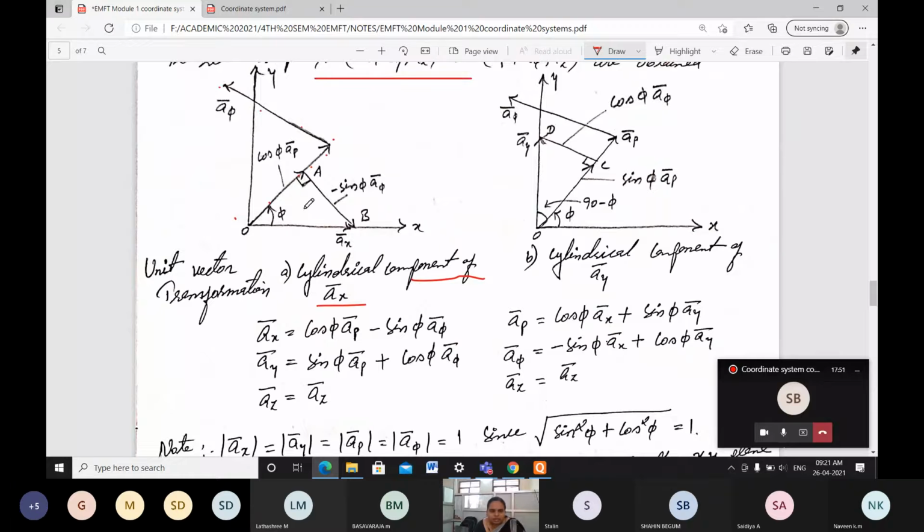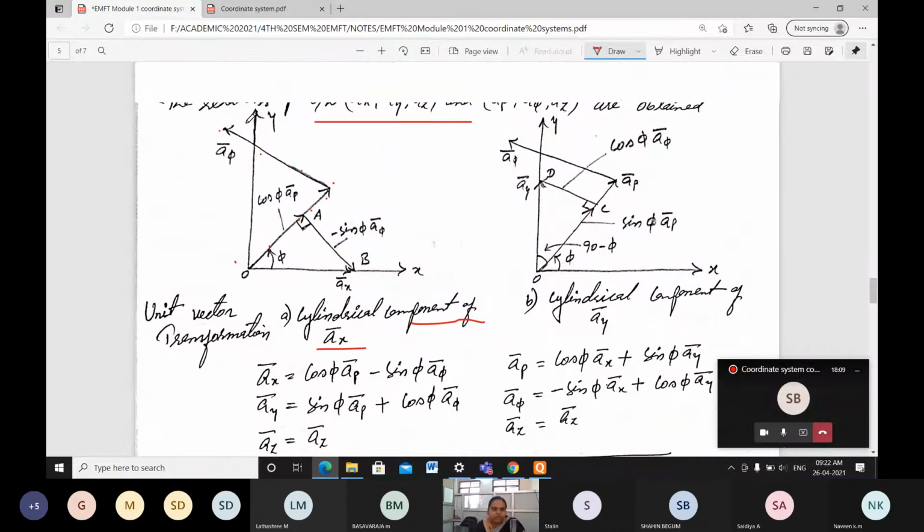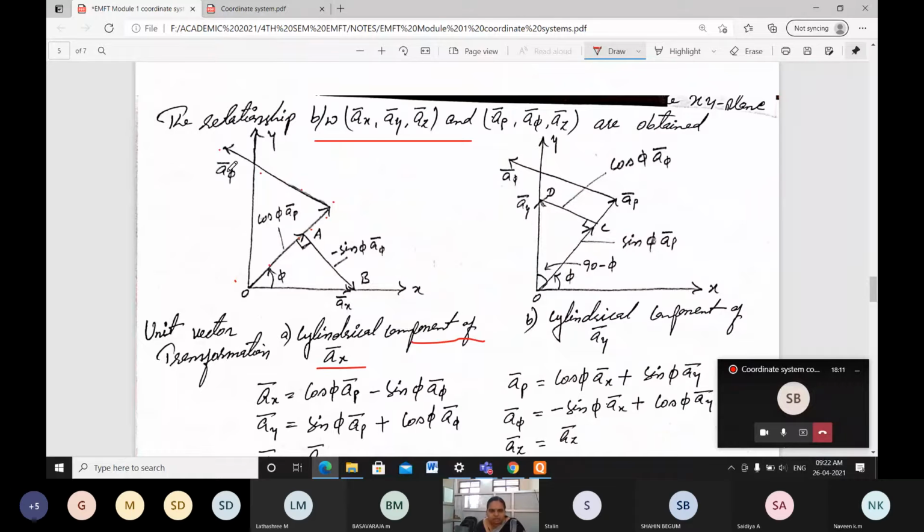This is your angle phi and this is your 90 degrees at point A and this is your point B, and this length is minus sin phi a phi. This is your cos phi a rho, and this is the direction where it is moving, our angle direction, that is the unit vector a phi.